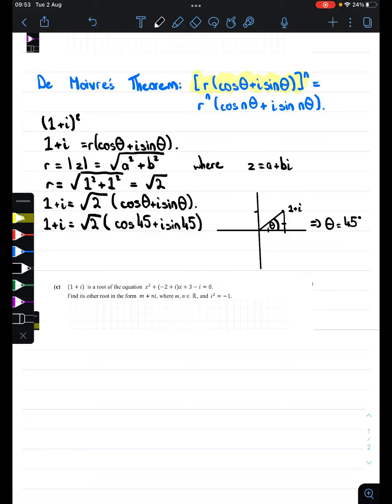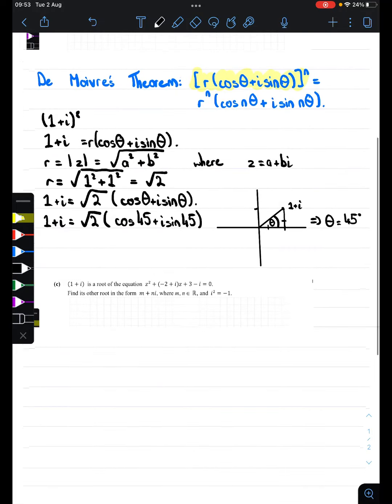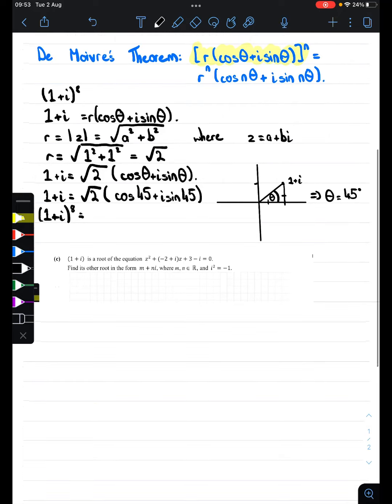Okay, and now we can use de Moivre's theorem. So we have (1 plus i) to the 8 equals this thing to the 8, root 2 (cosine 45 plus i sine 45).